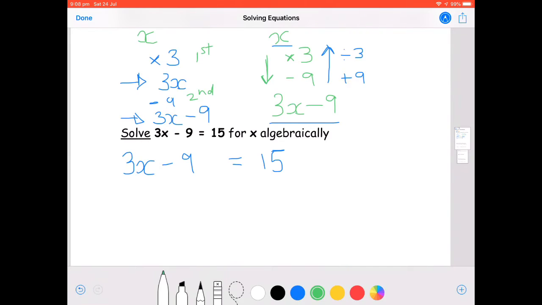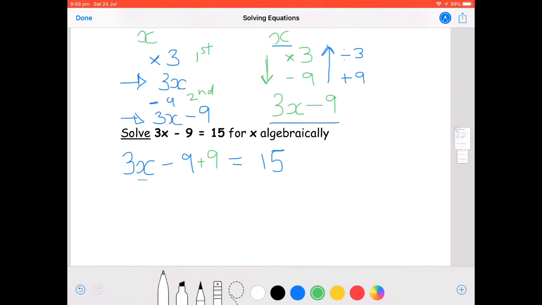So if we want to get x by itself, the first thing that we said we had to do up here was add 9, and that'll reverse the minusing 9. So we'll just say we're going to add 9 over here, and that will reverse the minus 9.